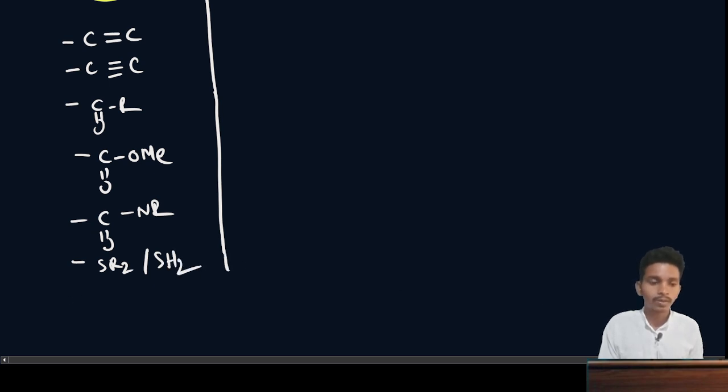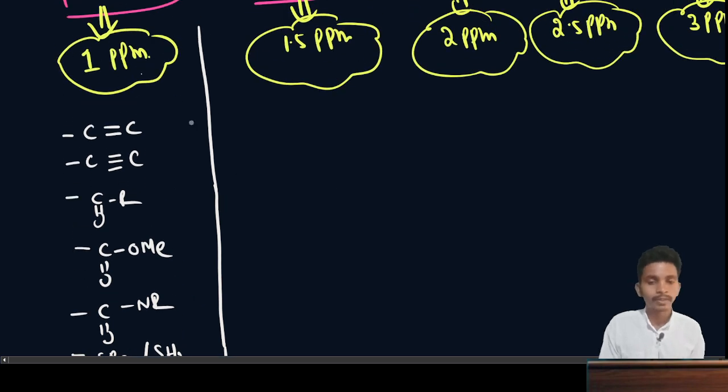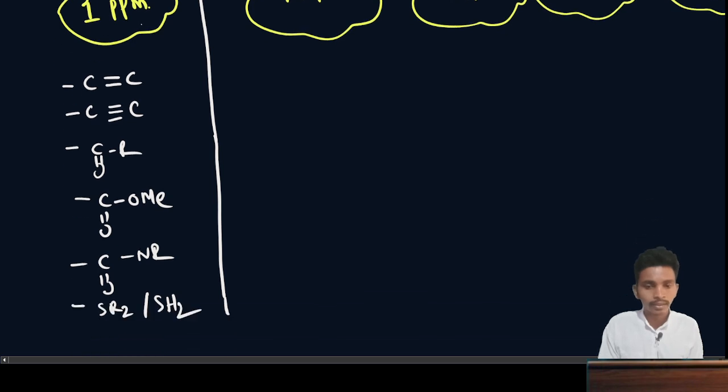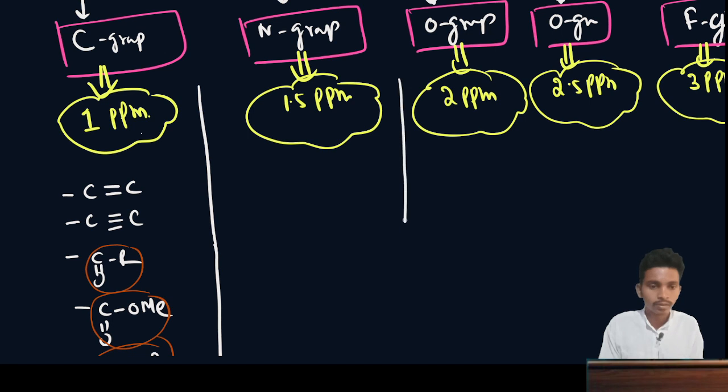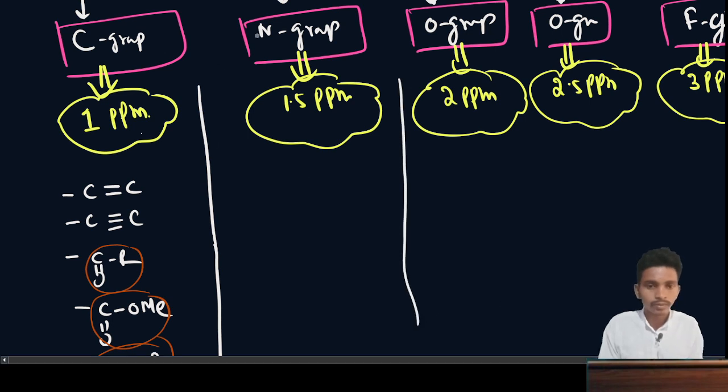Okay, with that we also have groups like SR2 or SH2. These all will give the 1 ppm increment, but note that whenever this type of group comes, except for carbon, other cases will change. I'm writing for nitrogen groups.